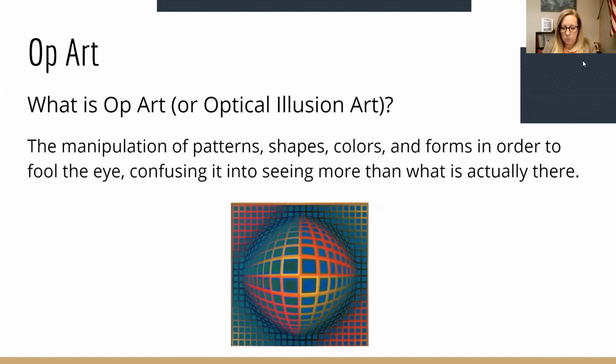So in other words, by manipulating patterns, shapes, colors, and forms, you can create art that fools the eye, confusing viewers into seeing something more than is actually there. Just like this example on this page looks like a ball that's maybe bursting out of the canvas.